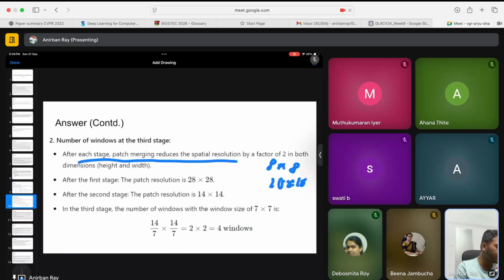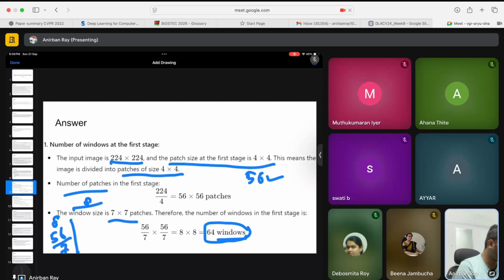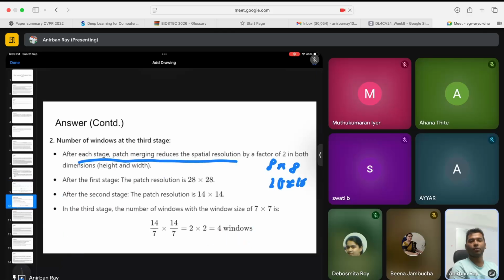I mean, it should not be like this, right? So patch resolution is talking about... Oh, okay, okay, okay. So patch size does double, like this 8 cross 8. So this patch resolution they have said is the number of patches, okay. That is what it is, okay.